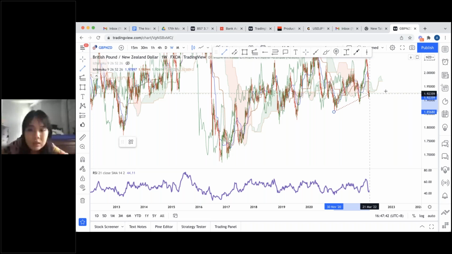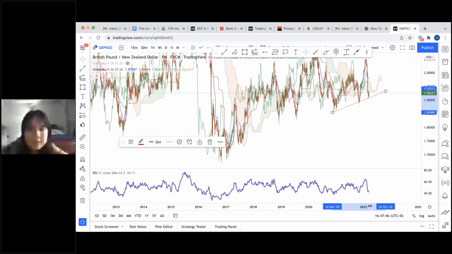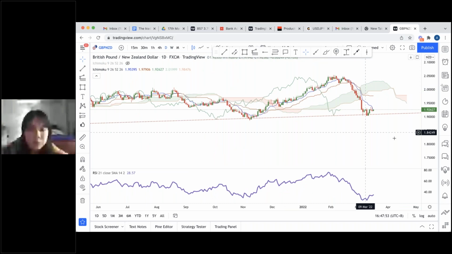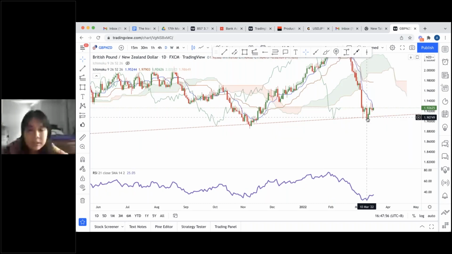Okay, right, and then go on the daily. It has tested off the weekly support and bounced, so that's a good thing.